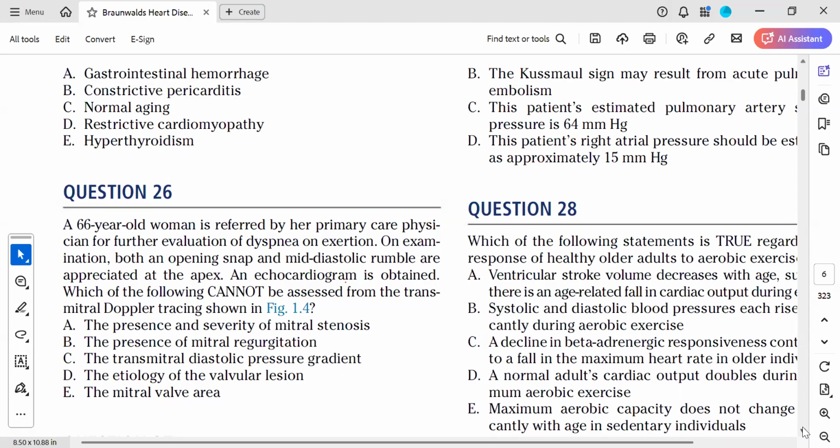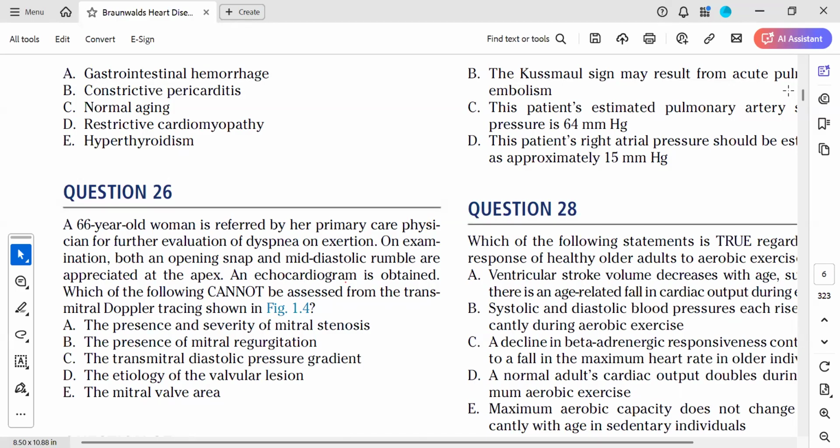That means option A is false because they said cannot be assessed. It's a true statement, but based on the question, it's going to be false. Now, option B, the presence of mitral regurgitation. I said earlier that the spectral wave below the baseline is for the mitral regurgitation. That means this is also true, but it's going to be false based on this question.